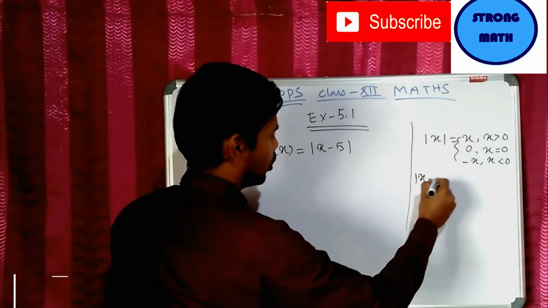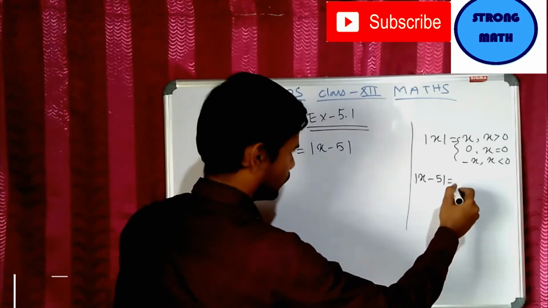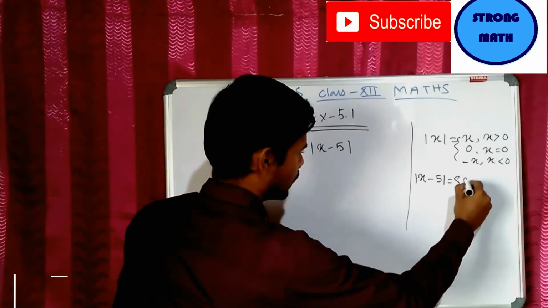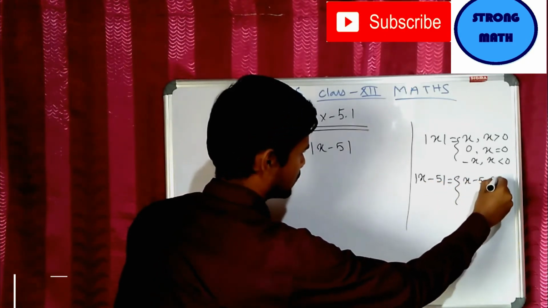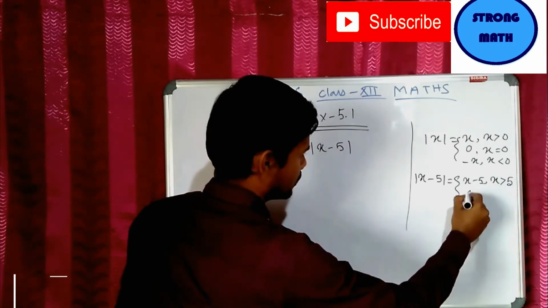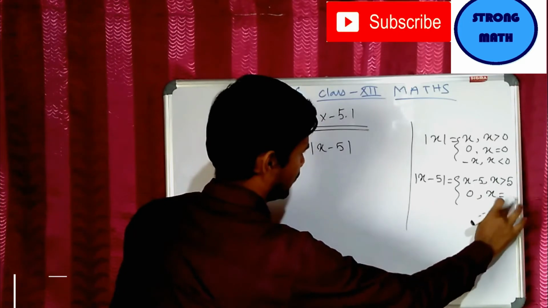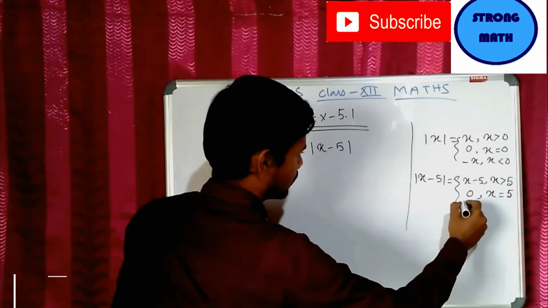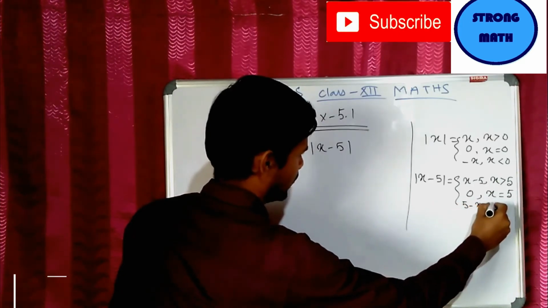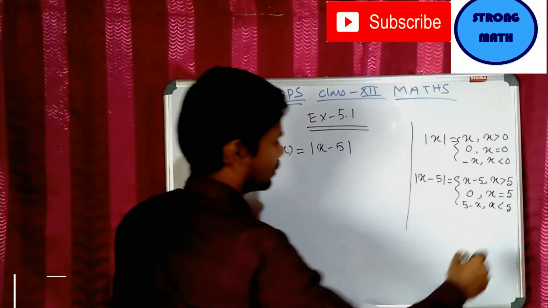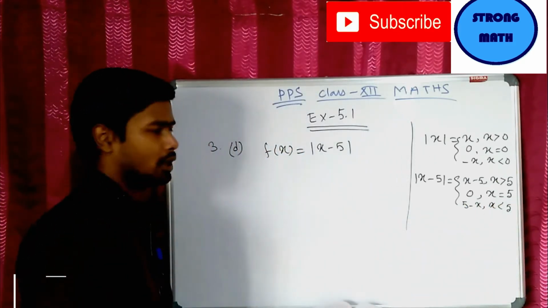Then what about mod of x minus 5? Mod of x minus 5 equals x minus 5 when x is greater than 5, 0 when x is 5, 5 minus x when x is less than 5.